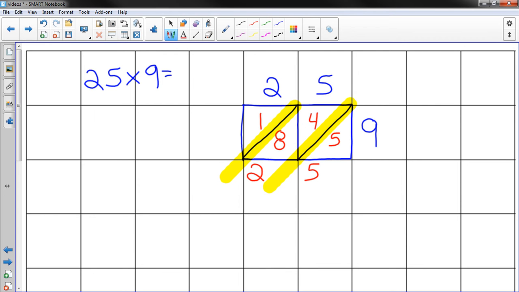You can only put the 2, and then you're going to carry over the 1. That's going to move over to the next place value, just like we would do in addition. And 1 plus 1 is 2. So the answer to this problem is 225. Fairly easy, right?